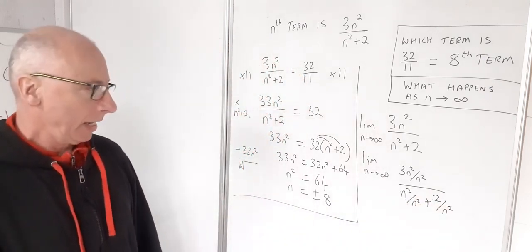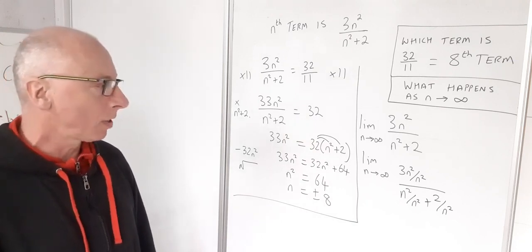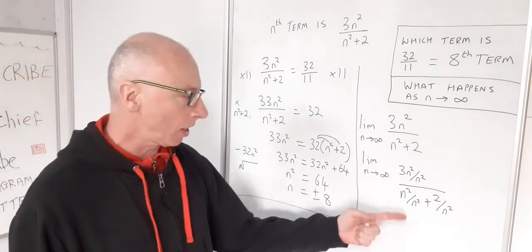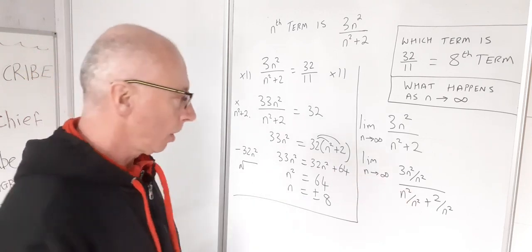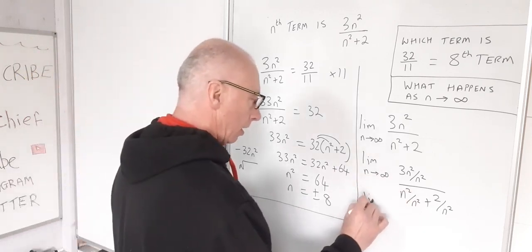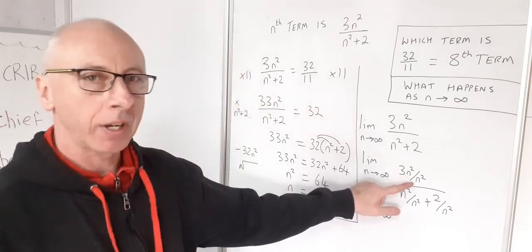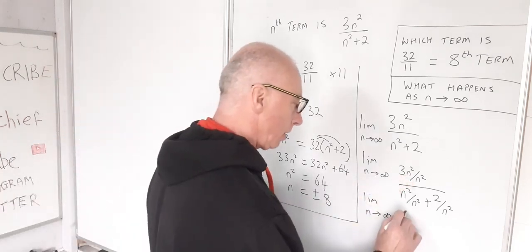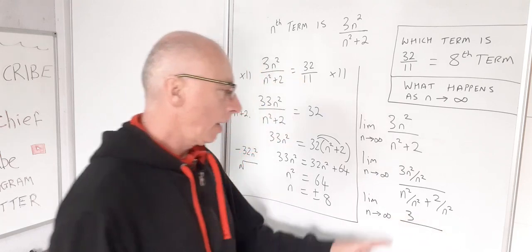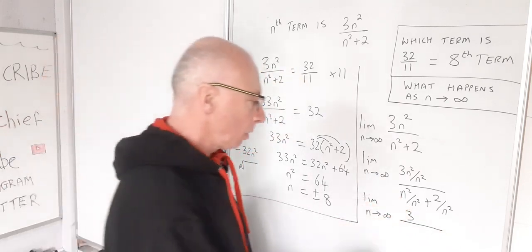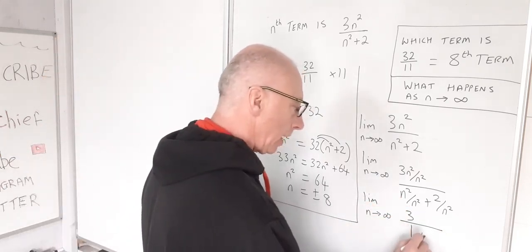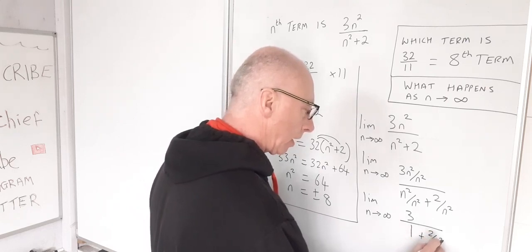Now before we even look at what happens as this approaches infinity, I can simplify this and cancel out terms. So the limit as n approaches infinity, 3n squared divided by n squared gives me 3. n squared divided by n squared gives me 1. And then I've got 2 over n squared.